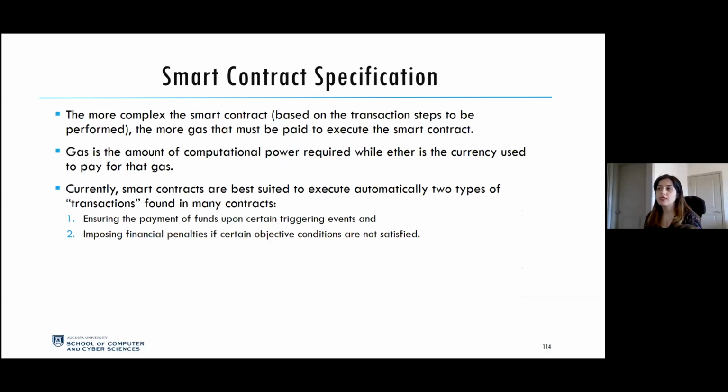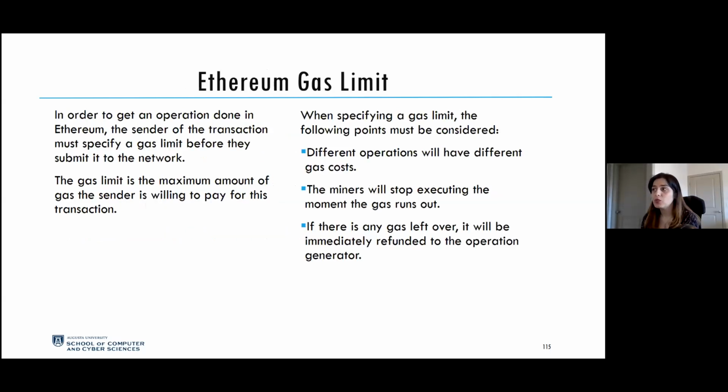So here comes the tricky part. When you are creating a transaction to trigger the smart contract, you also have to mention the amount of gas or computation that you want the virtual machine, the Ethereum virtual machine, to spend on your smart contract. You may not be sure exactly how much gas you may need.